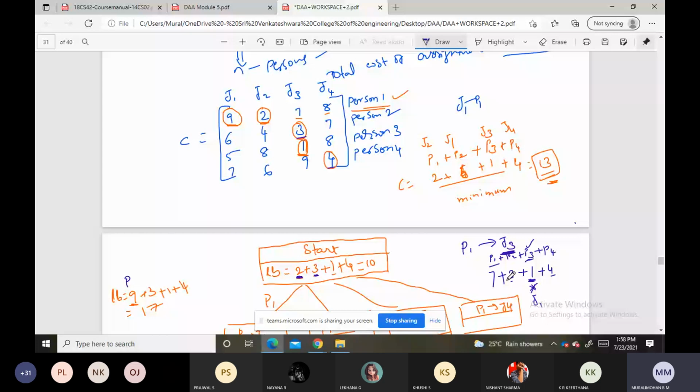We will assign only job 2. The same job cannot be assigned to multiple persons. Okay, you just observe here. I will write once again.